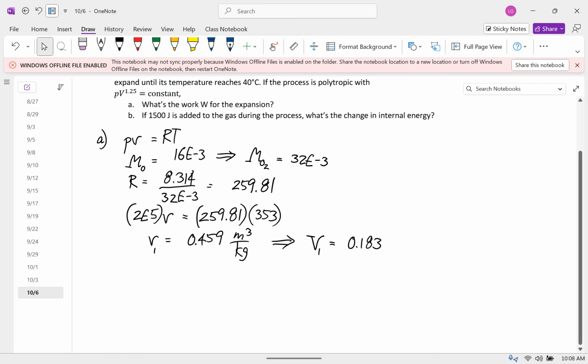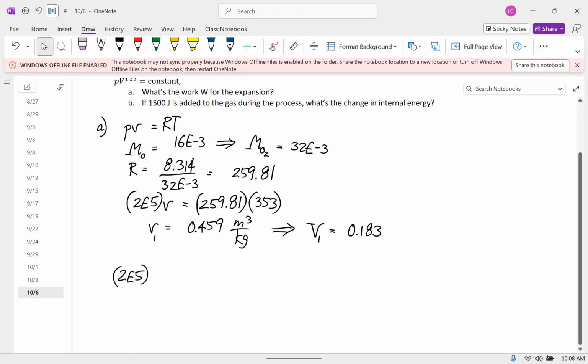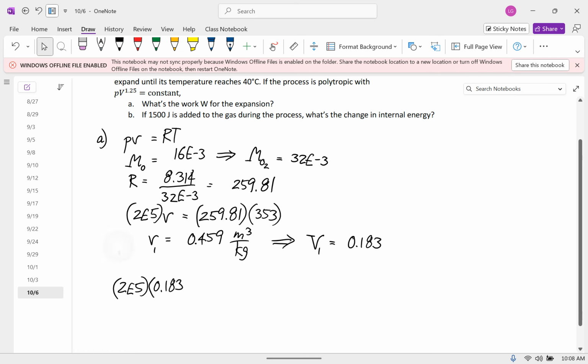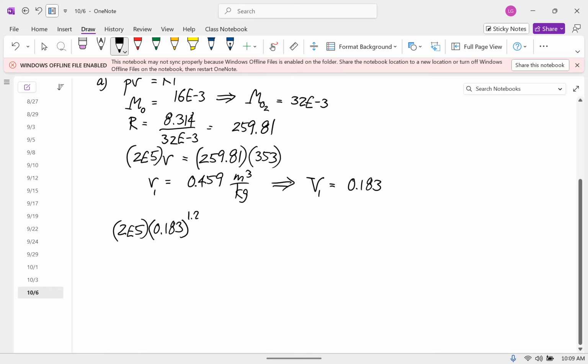So we have that 2 times 10 to the fifth times 0.183 to the 1.25 is equal to C. And so C is equal to 23,938.3.